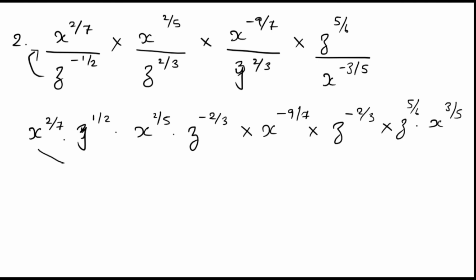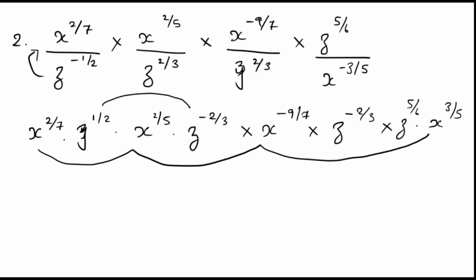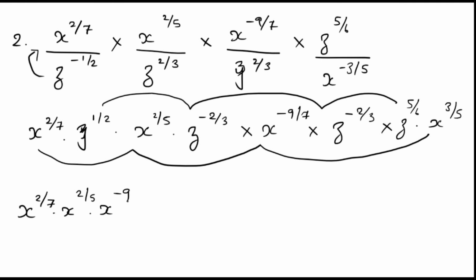Now all the x terms, I am writing it together. And all the z terms, I am writing it together. So you will get x to the power 2 by 7 into x to the power 2 by 5 into x to the power minus 9 by 7 into x to the power 3 by 5, into all the z terms, I am writing it together.